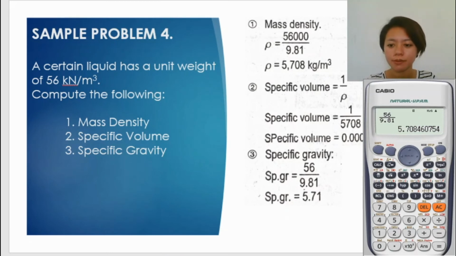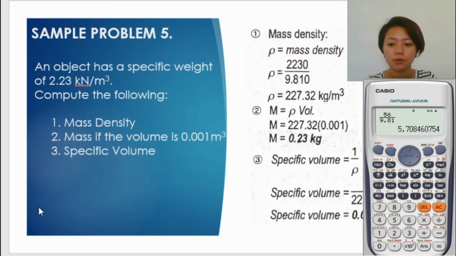So let's proceed to our last sample problem. Sample problem number 5. An object has a specific weight of 2.23 kilonewton per meter cube. Compute the following: mass density, mass if the volume is 0.001 cubic meter, and its specific volume. Same as before, the unit weight is given, so the formula we use is density equals unit weight over gravity.